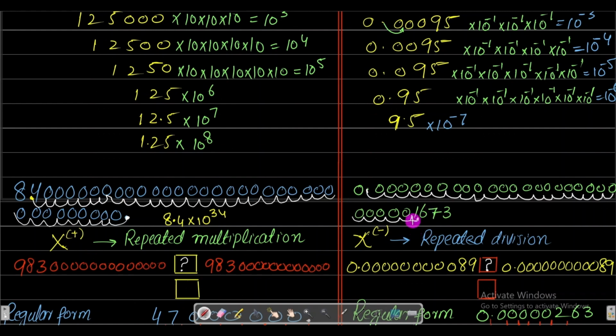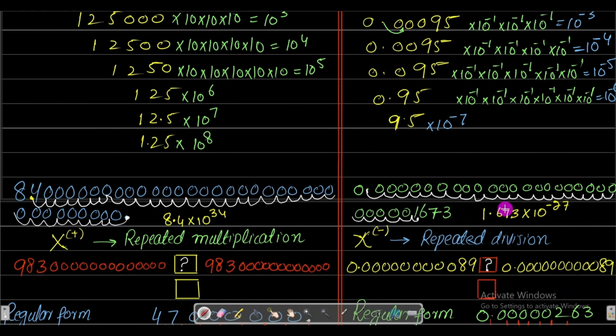So now the point comes here, between 1 and 6. So 1.673. And for each step, we take the division, and how many steps have we taken? We have taken 10 power minus 27.